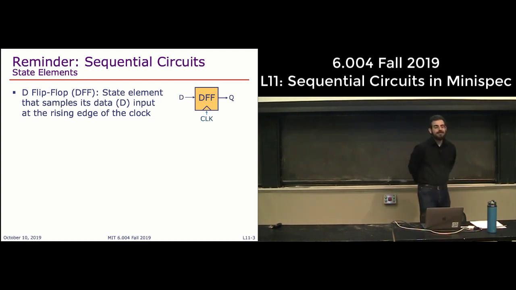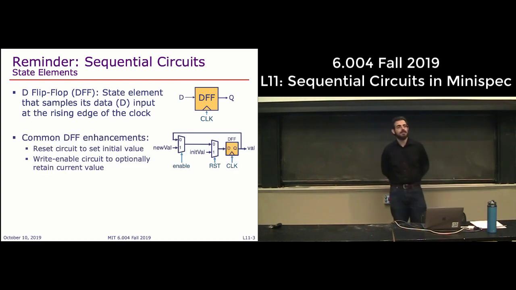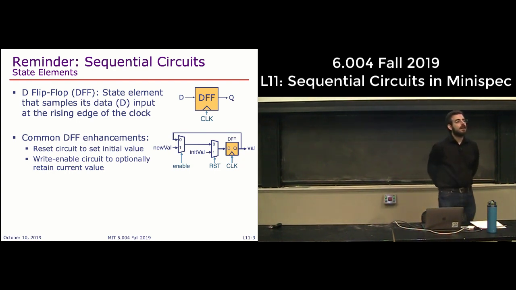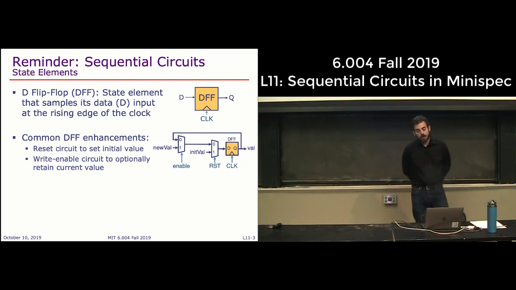Now, flip-flops are the start of the show in sequential logic, but they generally need two kinds of enhancements. And so we saw those two. The first one is reset circuitry. We generally want flip-flops, when we power up the system, to start at some known value. But remember, each of these flip-flops has a couple of feedback loops, combinational feedback loops. And what happens with feedback loops is that when you power up the circuit, depending on just random fluctuations and random noise, the flip-flop is going to end up having either a 0 or a 1.